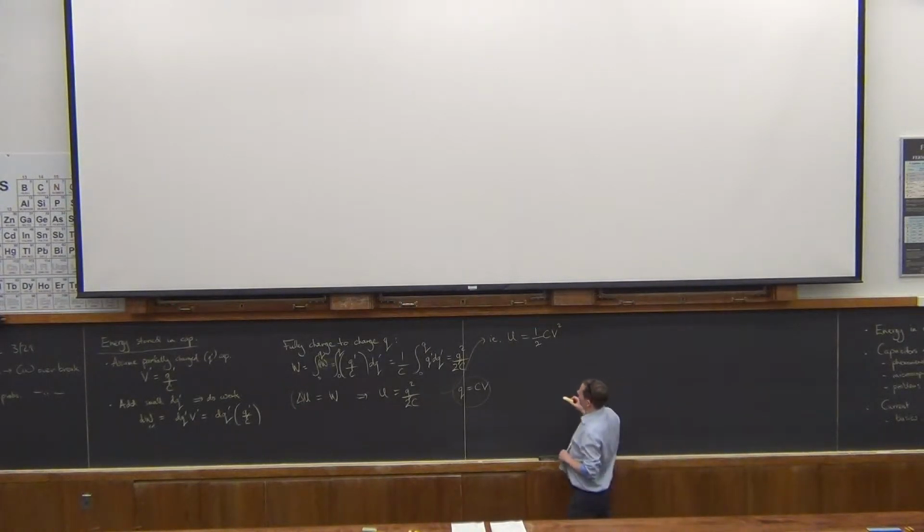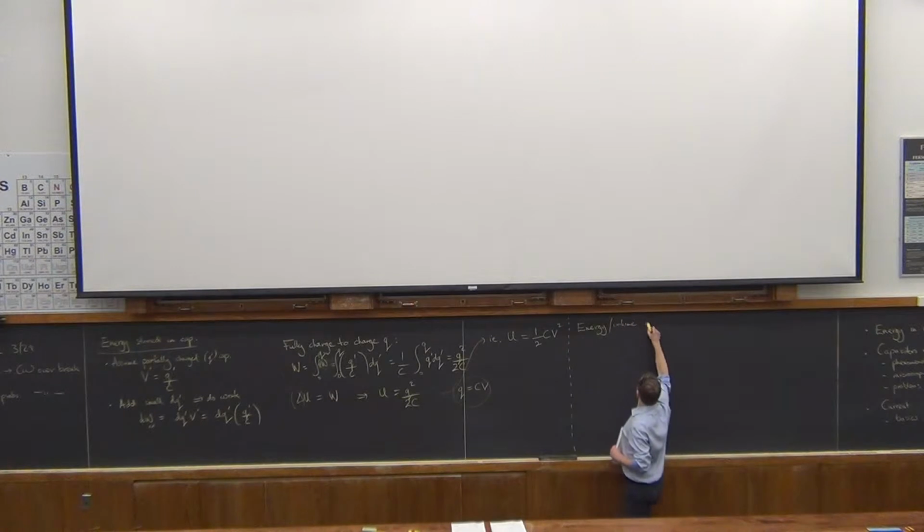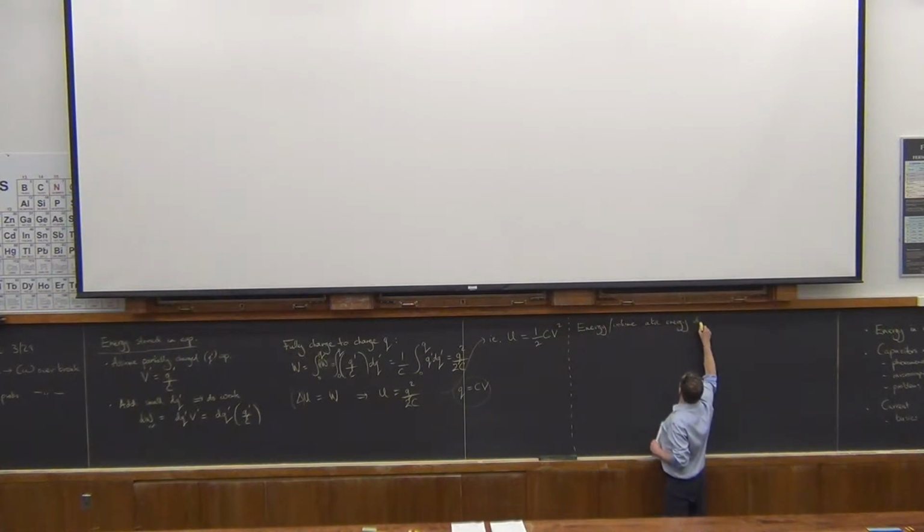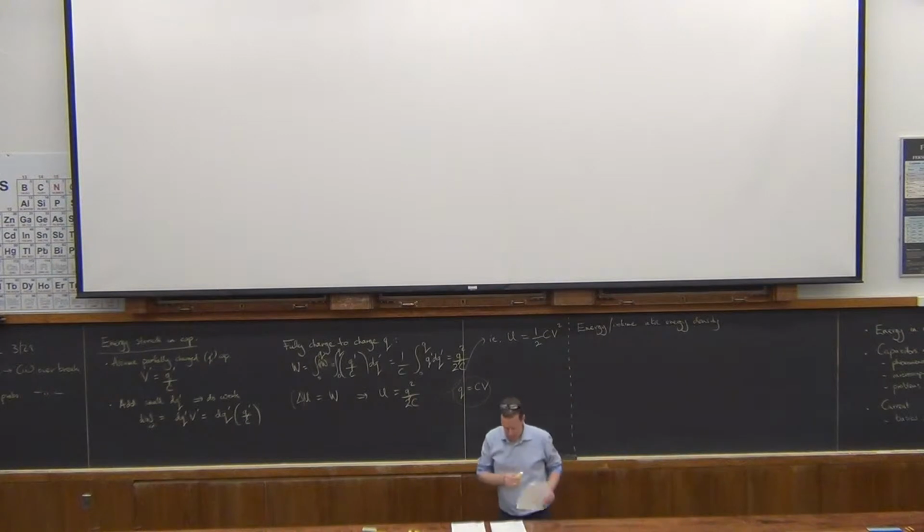What about the energy per unit volume? So energy per volume, or the energy density. I won't ask you much about this in general, but it's just nice to understand that this is sometimes an interesting parameter.